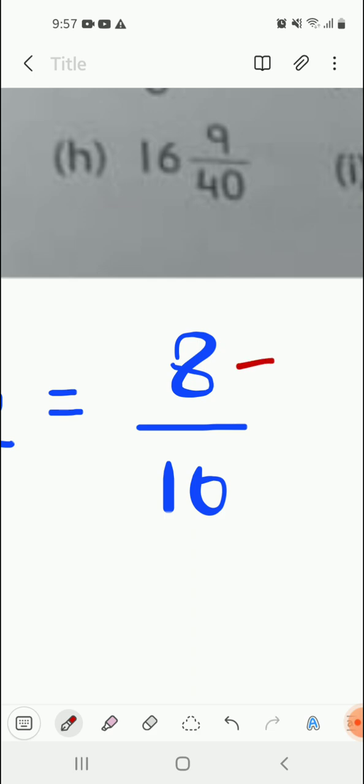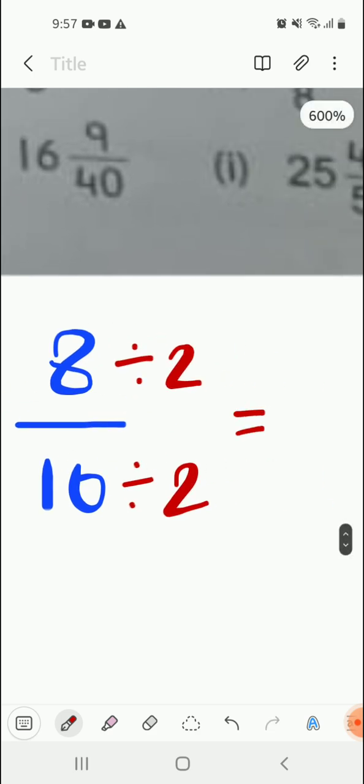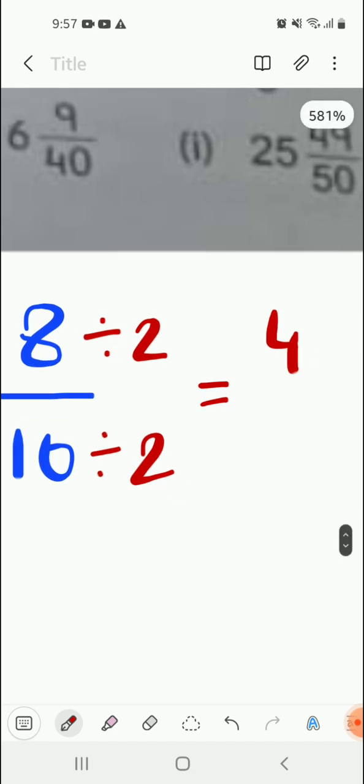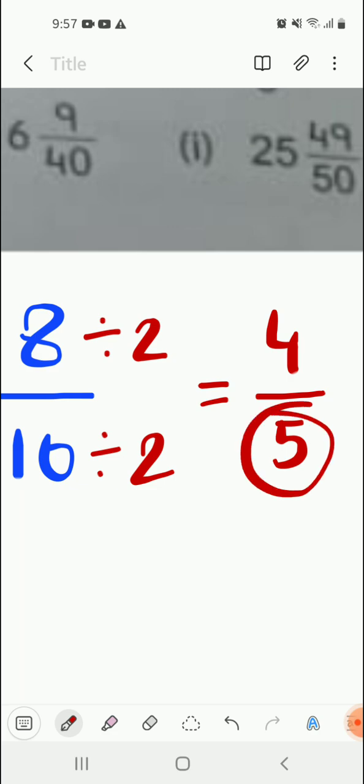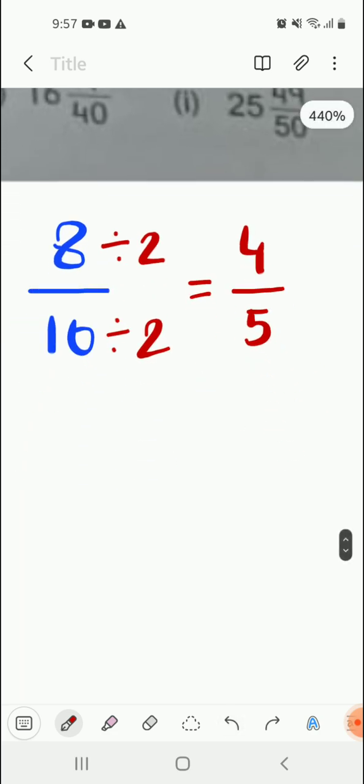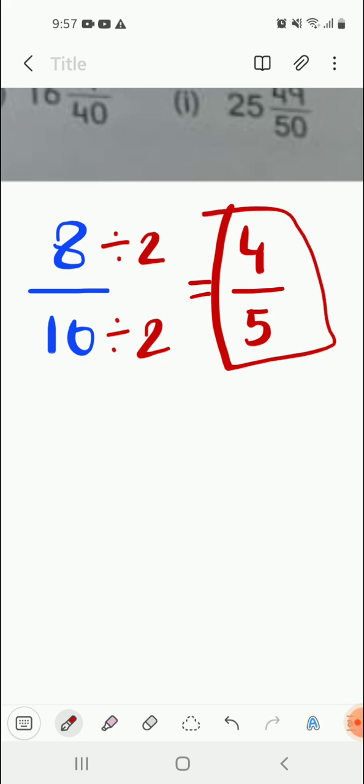If we divide 8 by 2 and 10 by 2, we get 4 by 5. Since 5 is a prime number and 4 cannot be divided by 5, we'll leave it in this manner. The answer is 4 by 5.